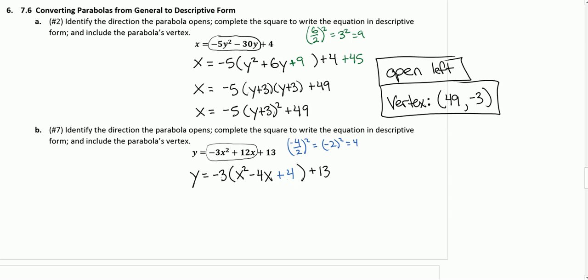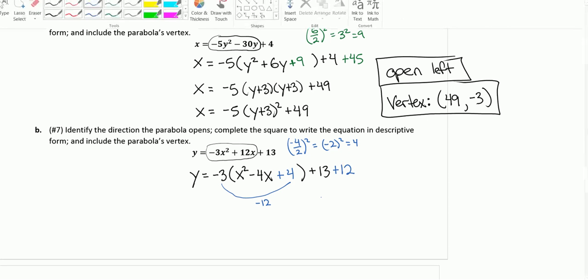Because there's a negative 3 in front, that really has the value negative 3 times 4, which is negative 12. So by putting the 4 there, we're subtracting 12. We need to do the opposite on the outside, add 12 to balance the equation.